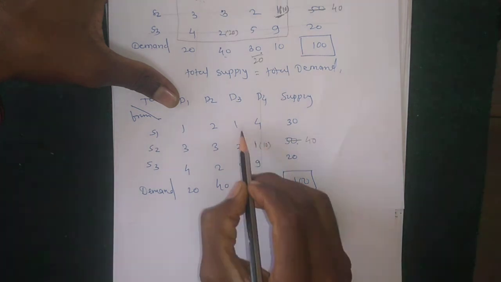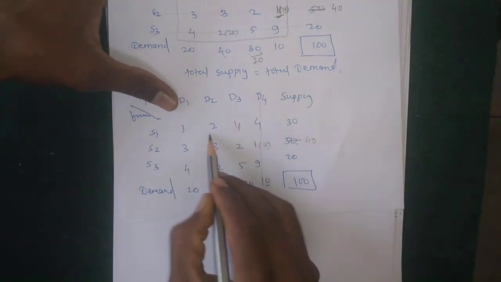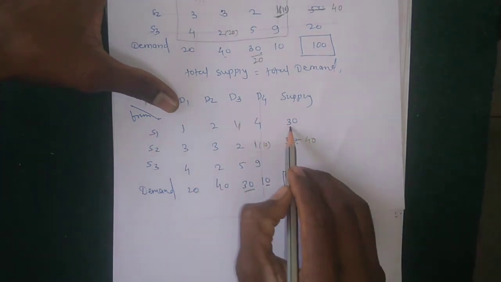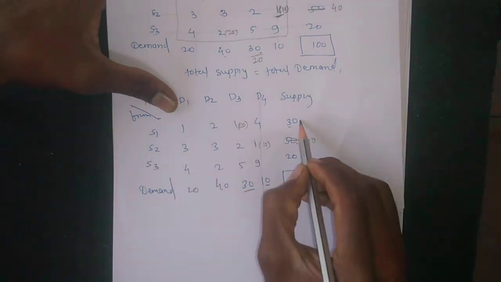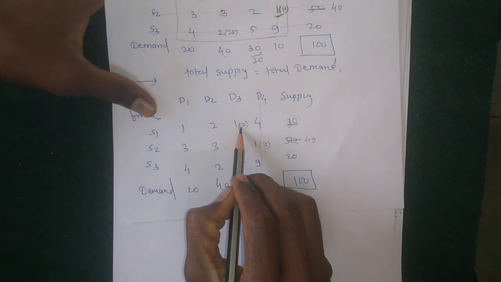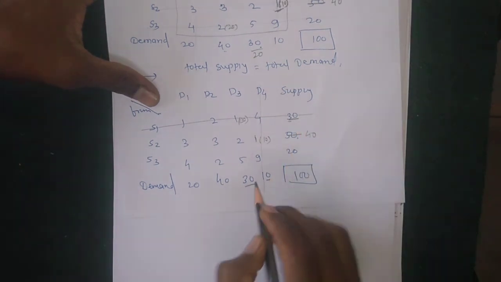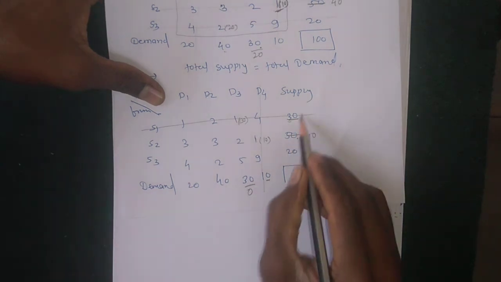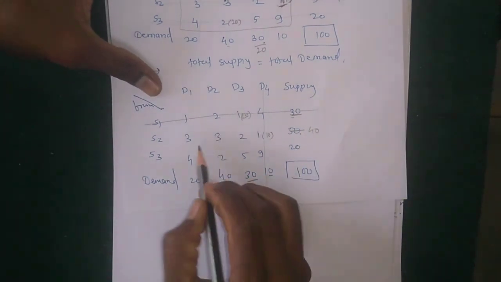If we select this column d3, here 30 and here 30, take any one of the 30. If we take the supply equal to the allocation, then remove this column directly. Removing this column, the value is 30 minus 30 equal to 0.